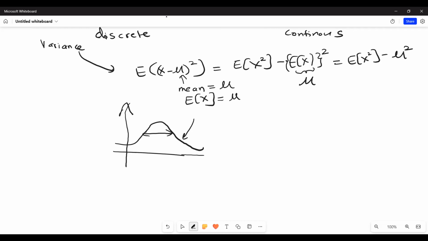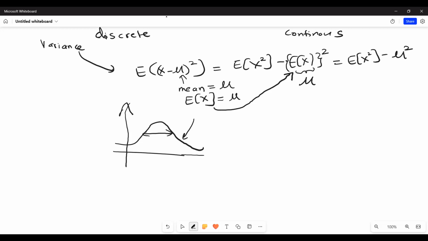So we can plug it in here, and then take the difference between E[x squared] and mu squared. Once we take the difference, that is equal to the variance. So variance is related to mu directly, and the variance also varies with the mu.